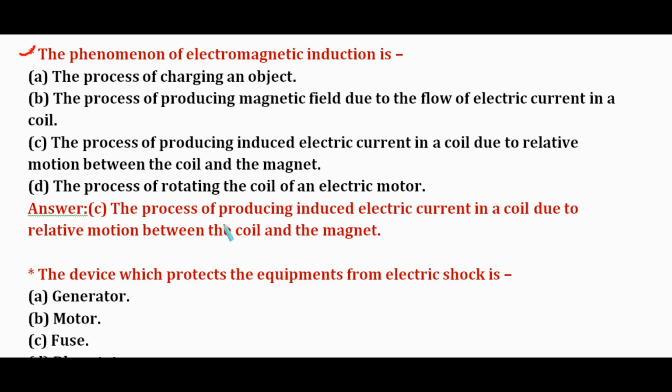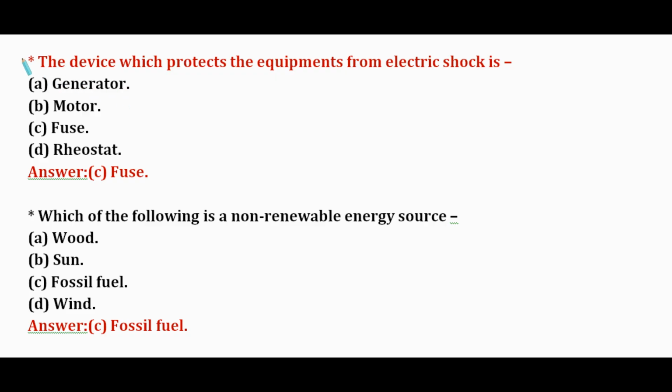The correct answer is the process of producing induced electric current in a coil due to relative motion between the coil and the magnet. Next question: the device which protects the equipment from electric shock is generator, motor, fuse, rheostat. The correct answer is fuse.